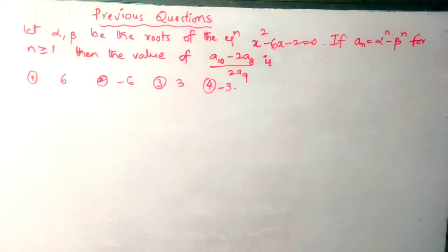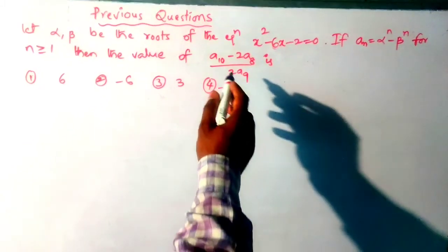If an equals alpha power n minus beta power n for n greater than or equal to 1, then the value of (a10 minus 2a8) divided by 2a9 is either 6 or minus 6, 3 or minus 3. So we find out the value of this one.